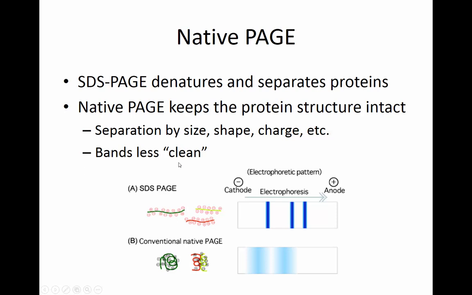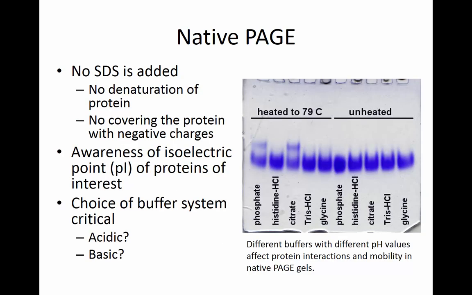The bands in native PAGE are much less what we would call clean. They're more blurry like this, but the proteins in them are still folded. They have their native conformations. And you could potentially remove them from the gel and have a separated, purified sample of your protein in its native form. So again, no SDS is added, no denaturation, no covering with negative charge.